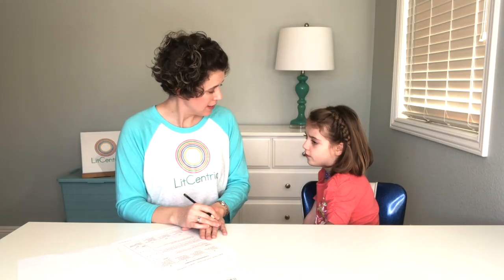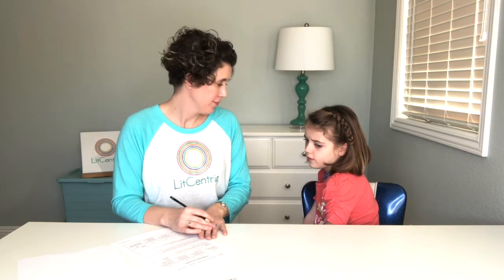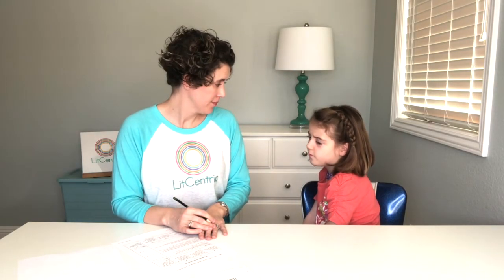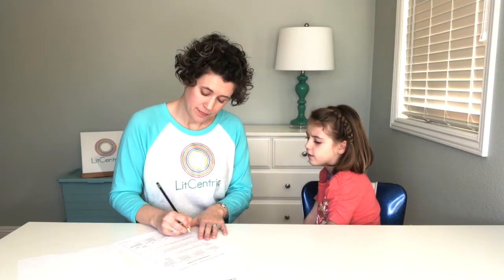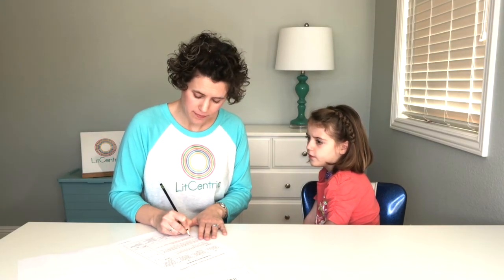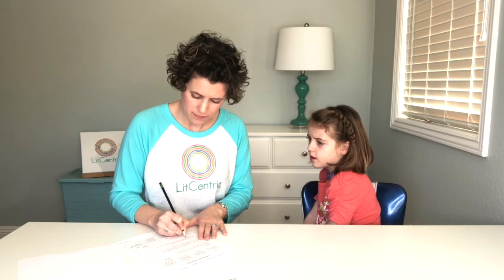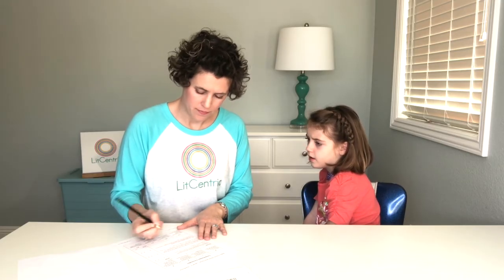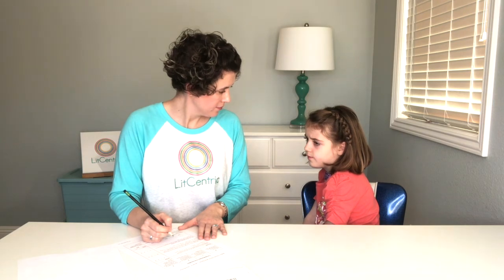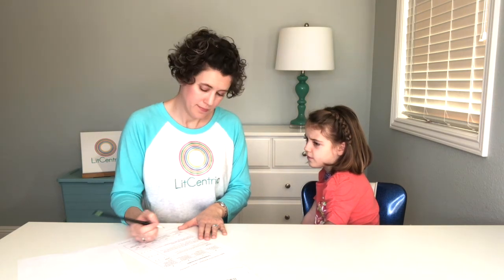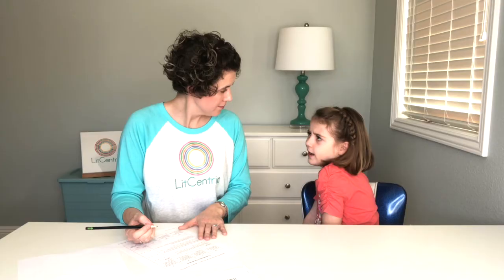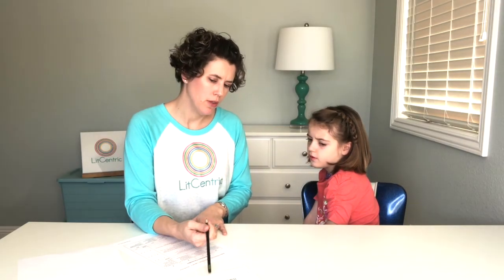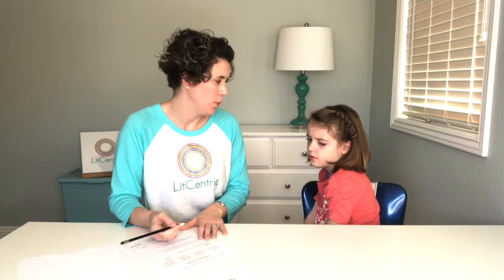How do photographs help a reader in a book like this? They help figure out some words. Okay, how do they do that? They help by, I don't know. So if you don't know a word in the book, how does the photograph help you?